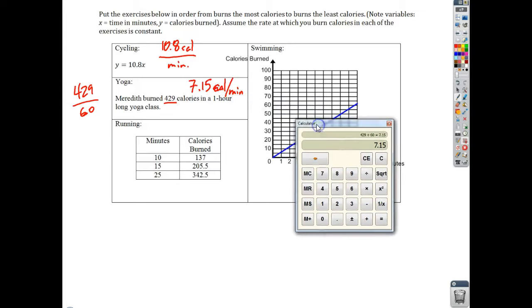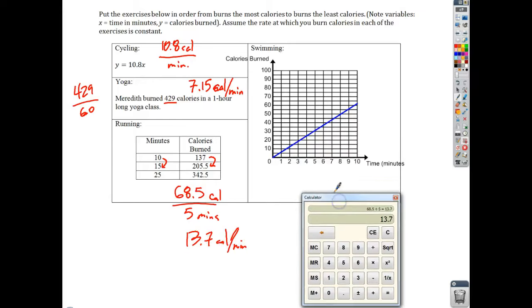And this one goes up 5 each time. 205.5 minus 137, so it goes 68.5 in 5 minutes. So I'm going to divide that by 5, and I get 13.7 calories per minute.